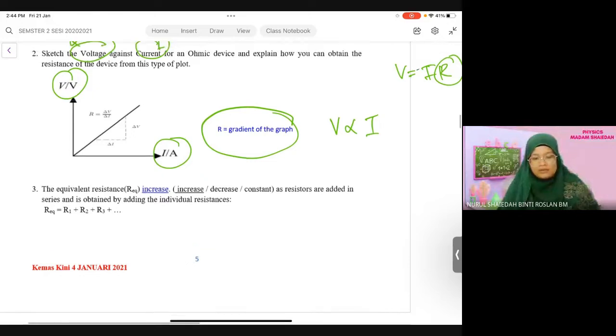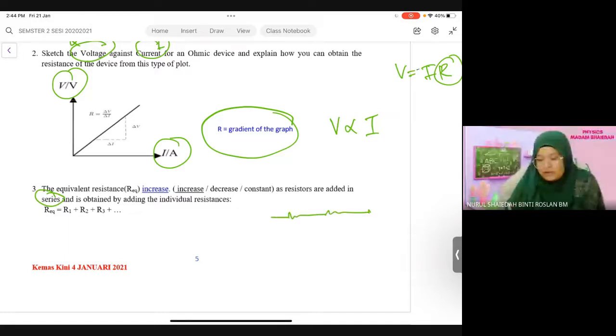Okay, masuk kepada number 3. The equivalent resistance R effective. R equivalent sama je dengan R effective. Increase, decrease or constant as the resistors are added in series and it is obtained by adding. So kalau dalam bentuk series, dia susun macam ni.